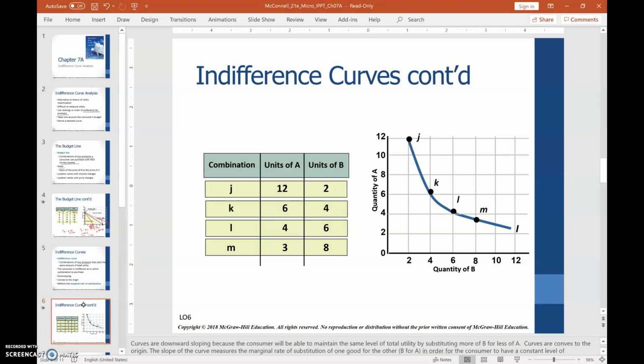We have 4 combinations J, K, L and M, and the consumer is indifferent between all these combinations. That means the consumer does not really prefer point K to point J or point L to point M. To the consumer, all these combinations are equally desirable.